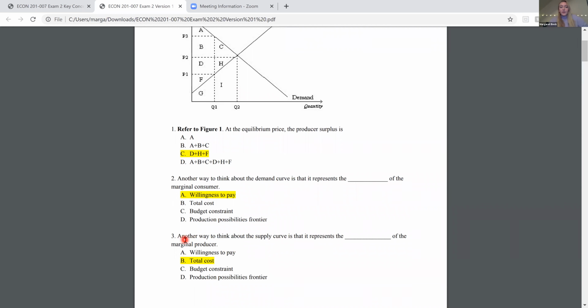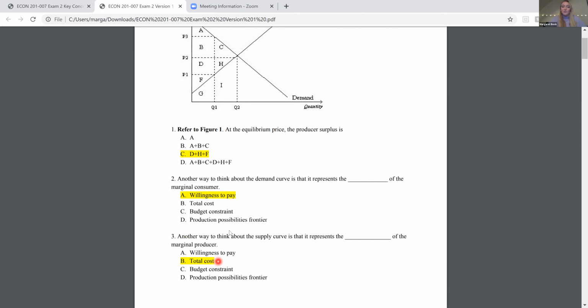Number 3, another way to think about the supply curve is that it represents the blank of the marginal producer. So you can think about the supply curve as representing the marginal total cost of producers.